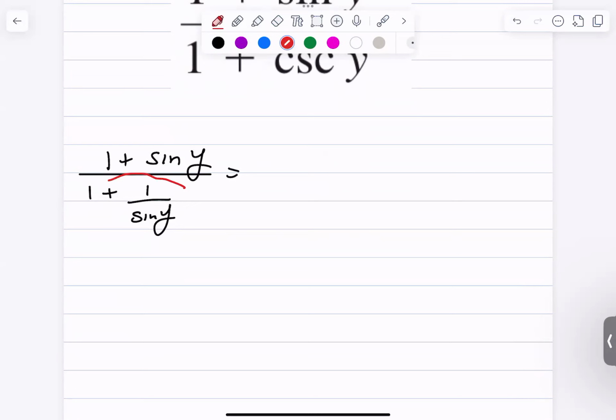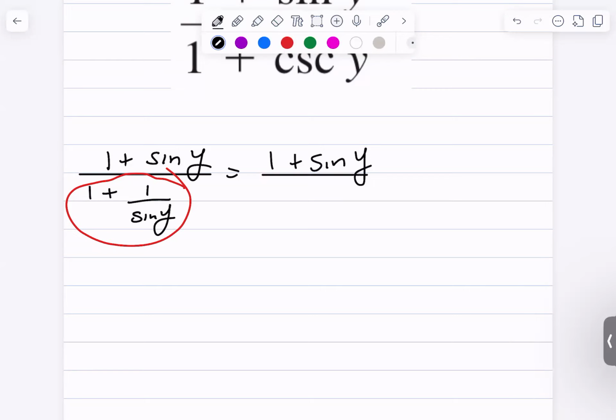Here in my denominator, I'm going to get the common denominator. Okay? So, rewriting my numerator, 1 plus sine of y over my common denominator here is sine y. So my numerator would be sine y plus 1. Any questions on that? On how I got that? You guys can take your time, but that's what it is. Okay?